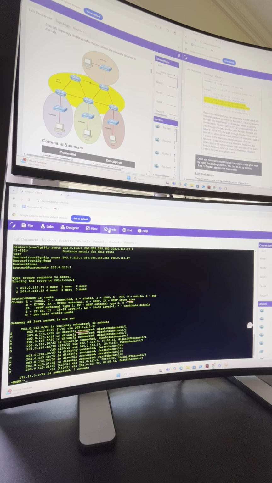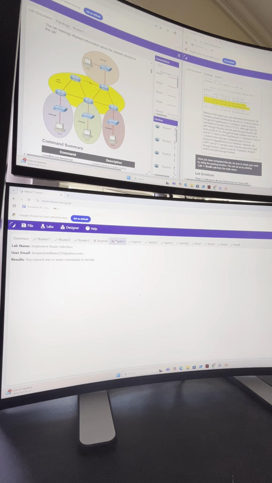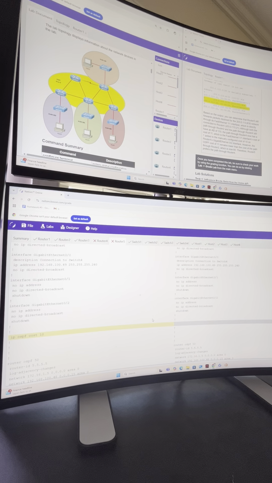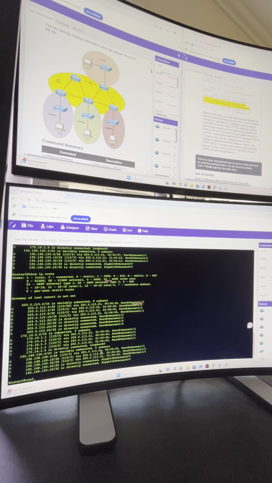It says I did it on router 4. Let me do that one more time. So on router 5, it shouldn't have an IP OSPF cost. So let me go back to router 5. Let me do a configure terminal.